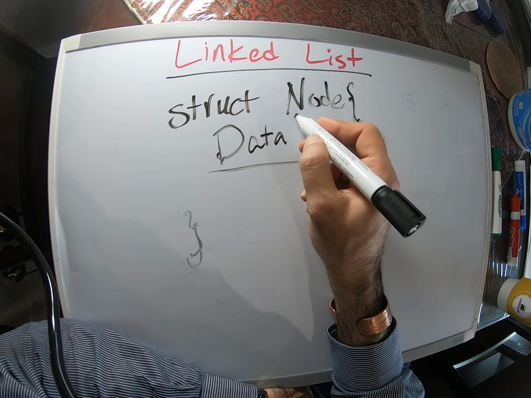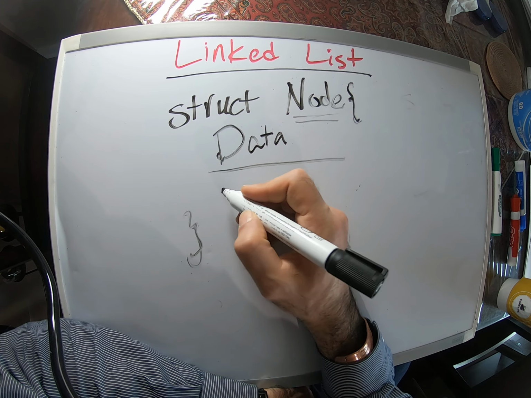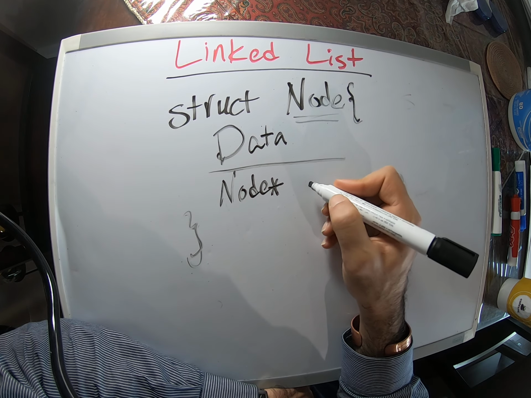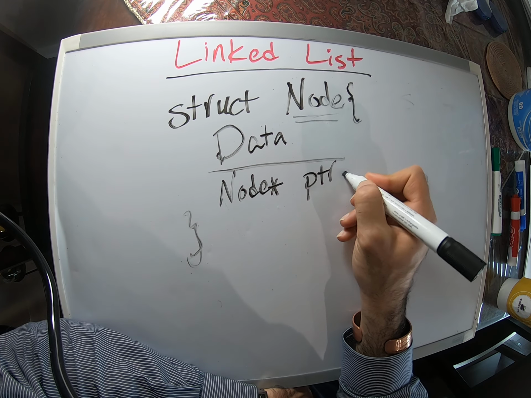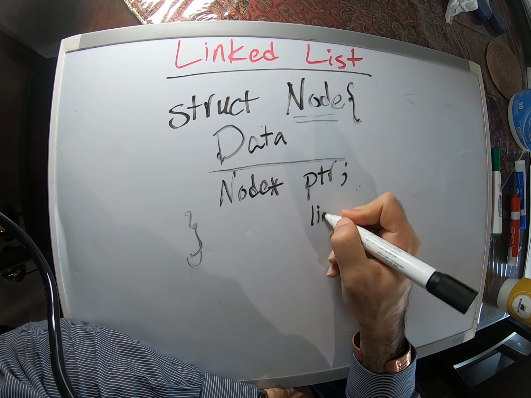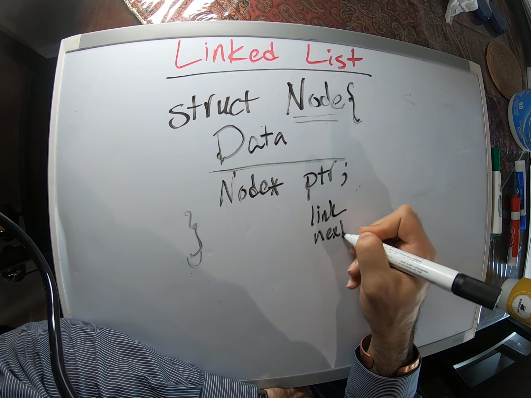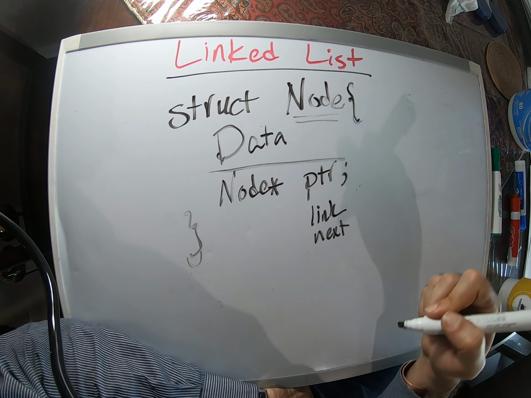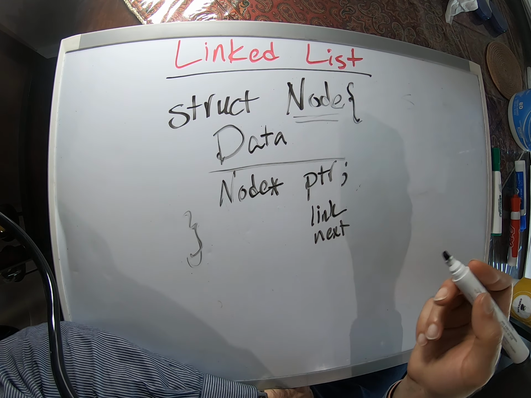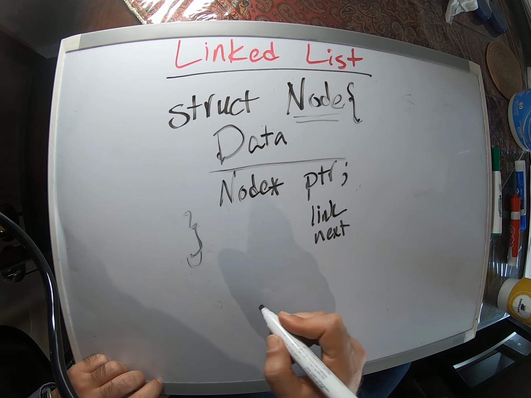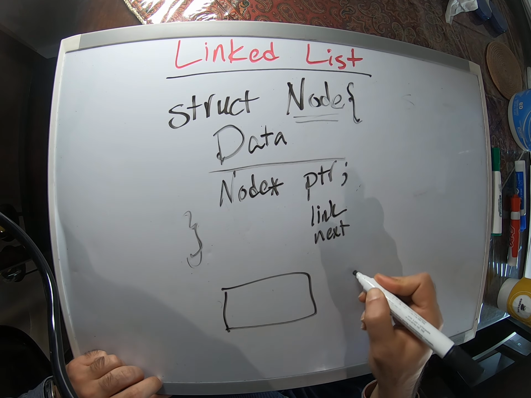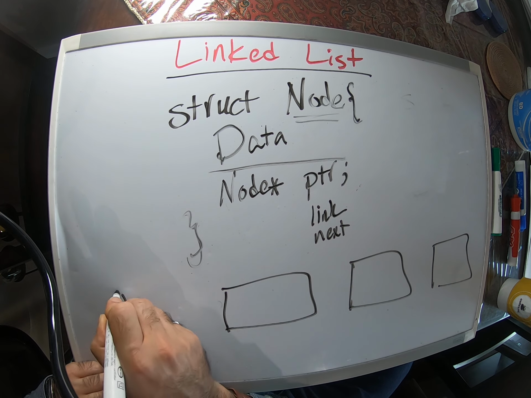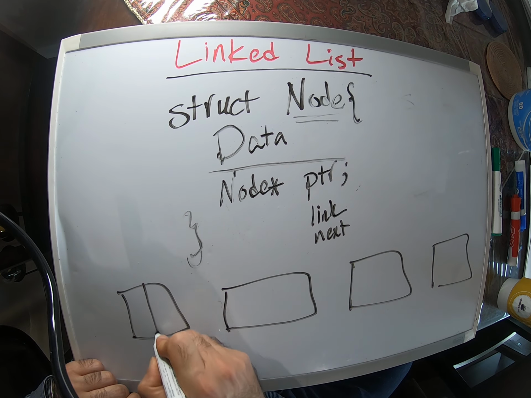The pointer is going to be of the same data type, so it means that it points to another node. Let me just call it pointer, or we can call it link or next, based on the application. We just try to give it a meaningful name. So basically what a linked list would end up being is a bunch of nodes that have two parts.